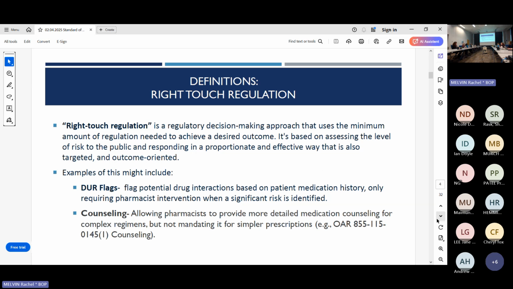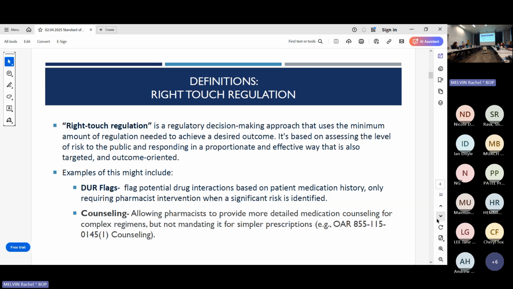So what are examples of that? DUR flags. A DUR flag that is more targeted might only show up if it's related to a significant risk. And those might show up as red on the screen, or different operating softwares will project those in varying ways.